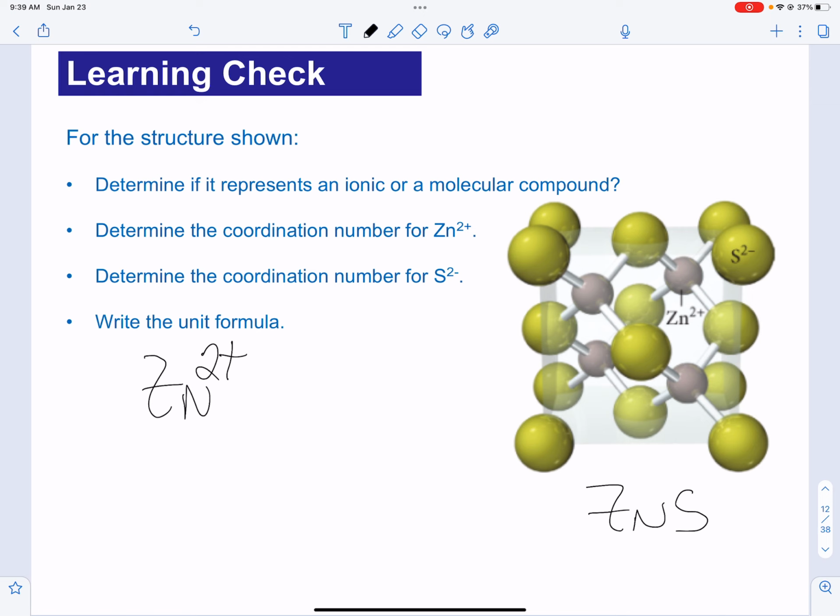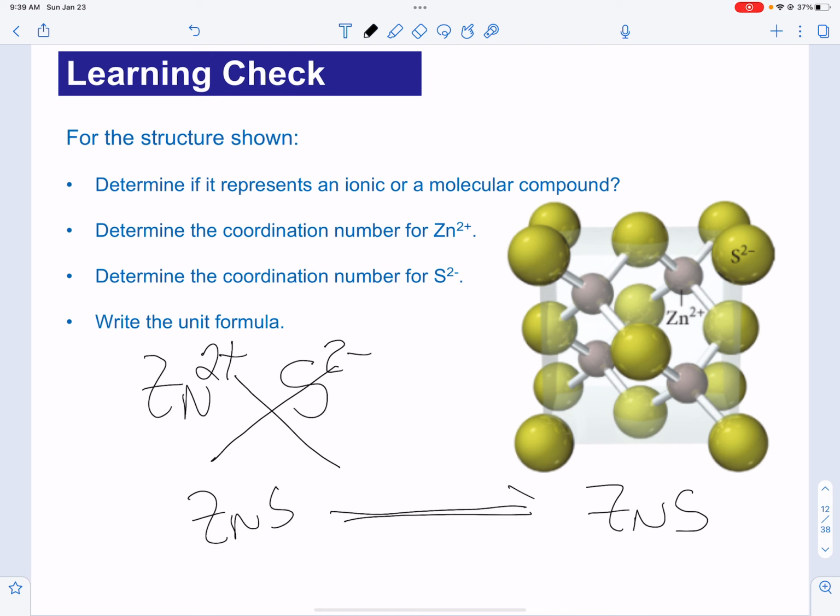And when we did electron configurations in 1411, you understood why zinc can only be 2 plus. And sulfide needs 2 more electrons to be like a noble gas, so then we do crisscross, and we come up with this, which is exactly what we came up with. So now you know better where these formulas are coming from.